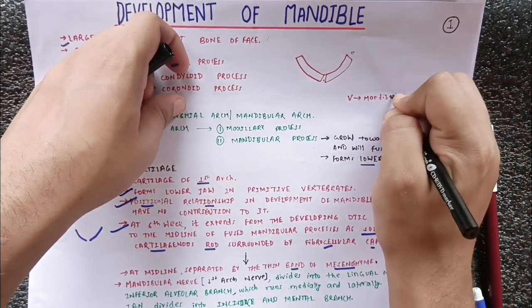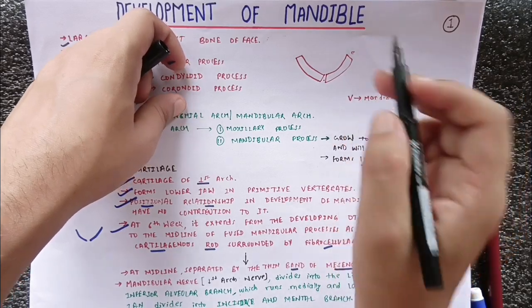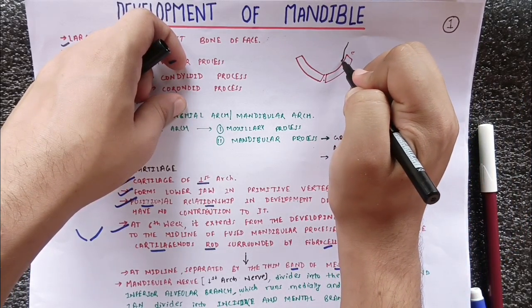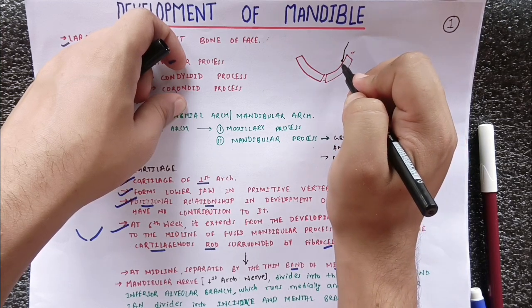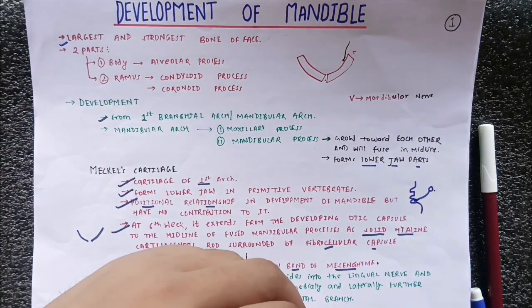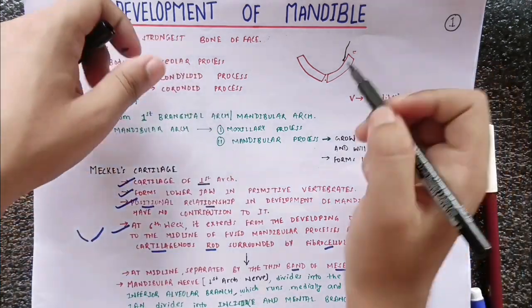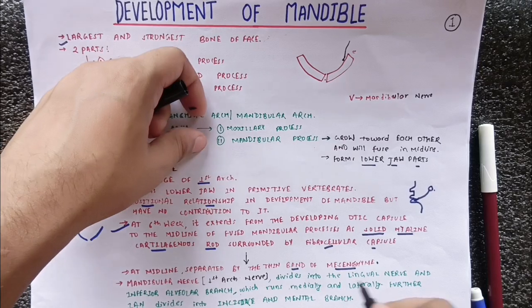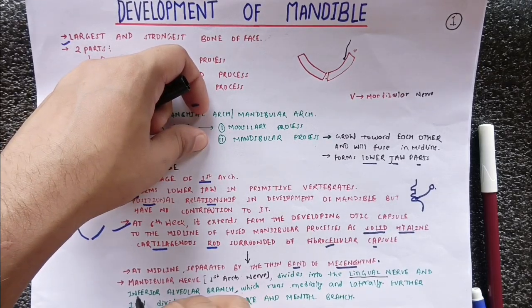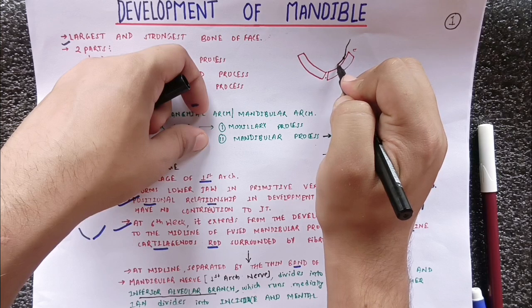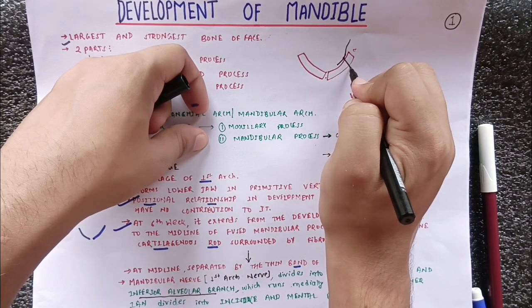So the mandibular nerve is coming like this, and at this point it divides into two divisions: one is the lingual nerve and the other is the inferior alveolar nerve.